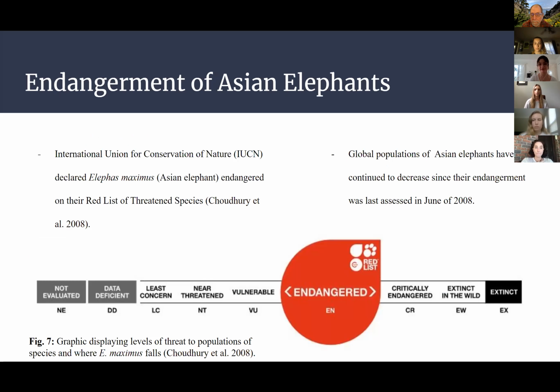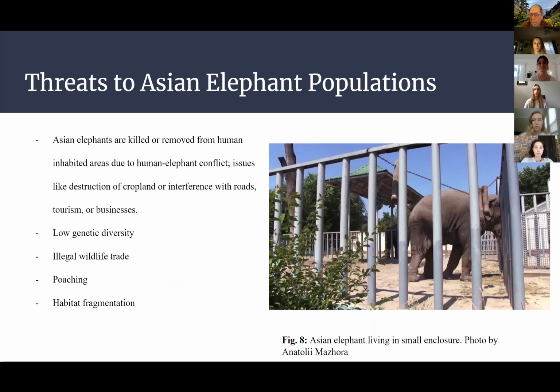Next slide, please. Some of the main threats causing the population numbers to diminish come from human-elephant conflict. An example of this is when herds of these colossal elephants come waltzing through developed areas and farmland that were most likely once wild areas in which elephants could travel freely. But now when they go through these areas, they come in contact with humans and their land and roads and homes, and especially their crops.